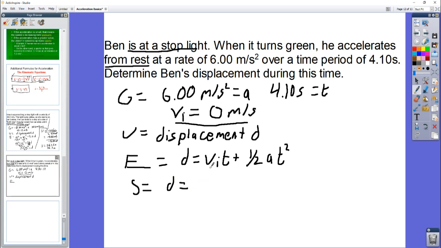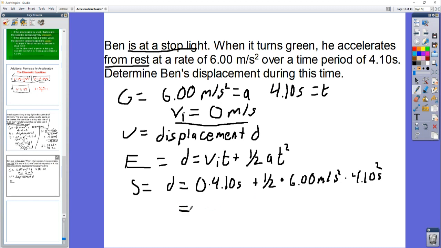So let's substitute: V sub I is 0 times 4.10 seconds plus 1/2 times 6.00 meters per second squared times 4.10 seconds squared. All right, now time to do our handy dandy math.